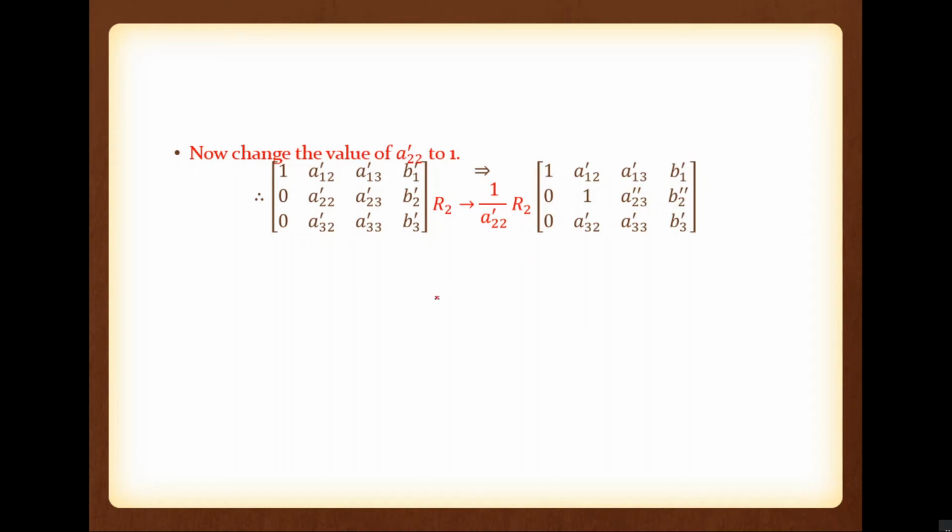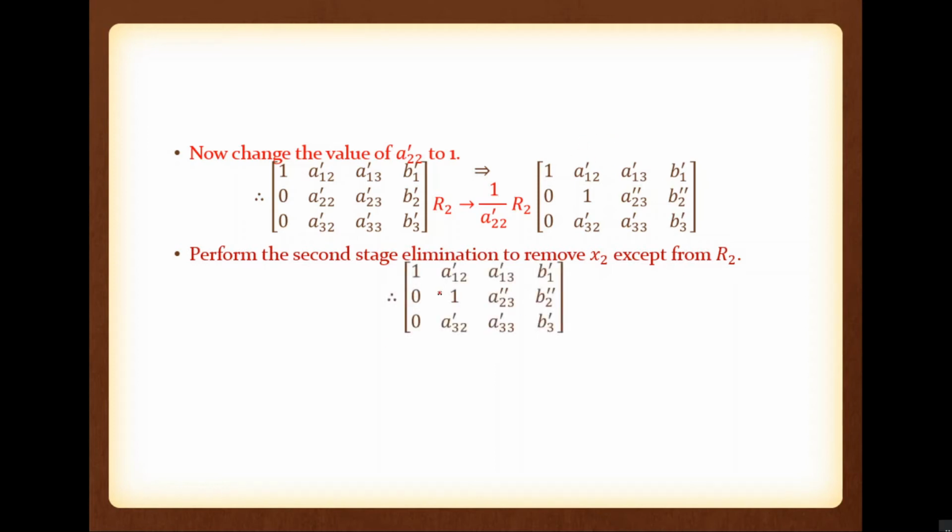Now we are going to remove the coefficients of x2 except from row 2. So consider this augmented matrix. Now we are removing this element and this element. I told you there is no need to consider this pivot because it is 1. We have already done that.